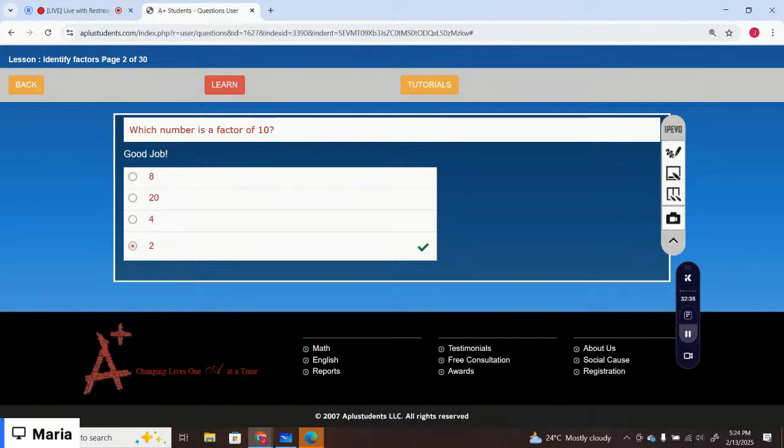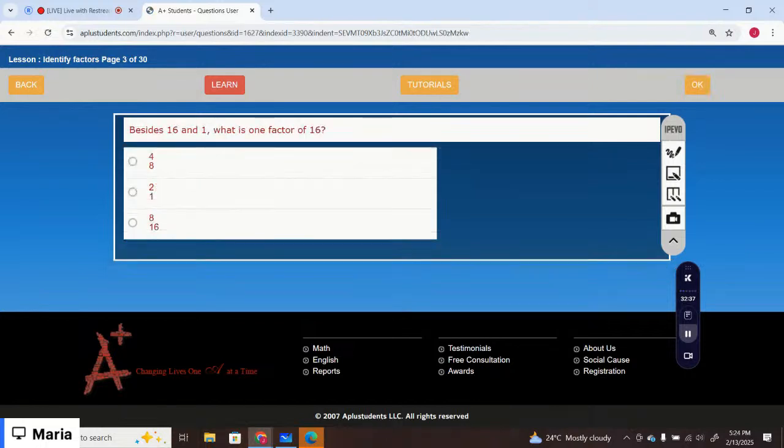Option number 4 is the correct option. Very good. Besides 16 and 1, what is one factor of 16?